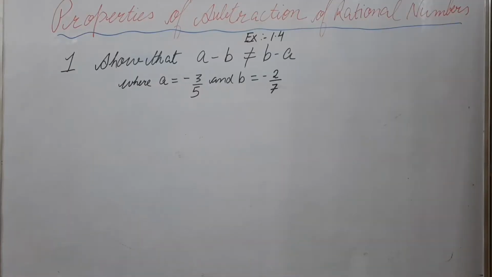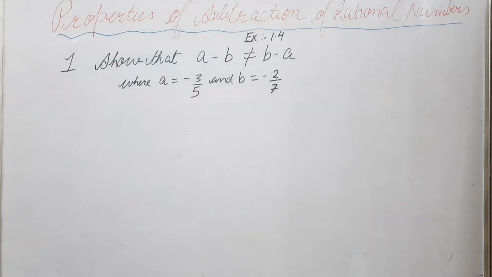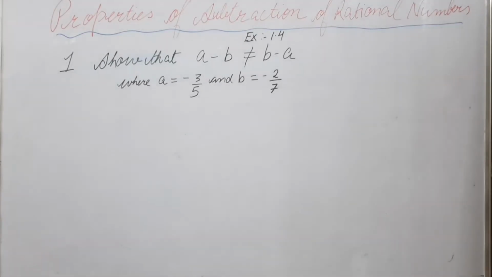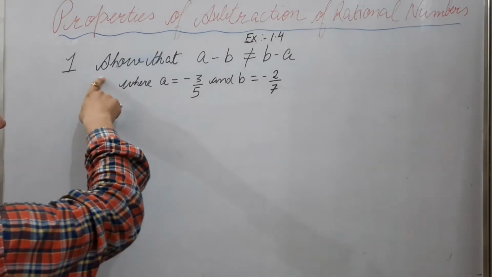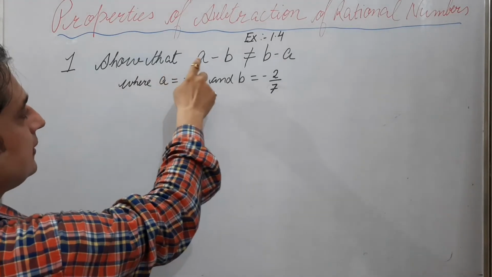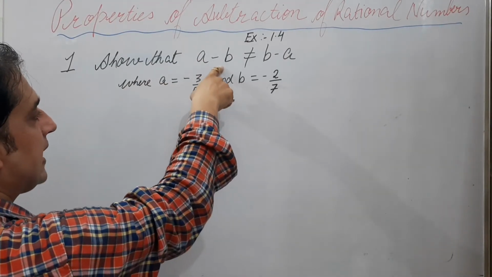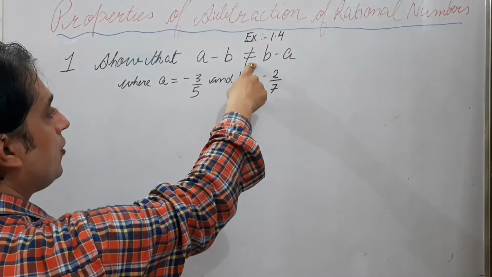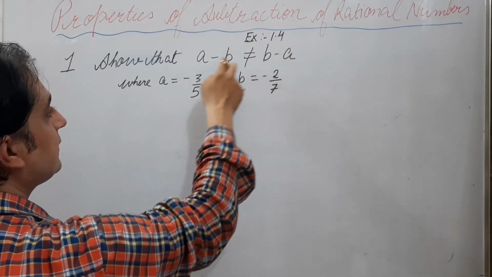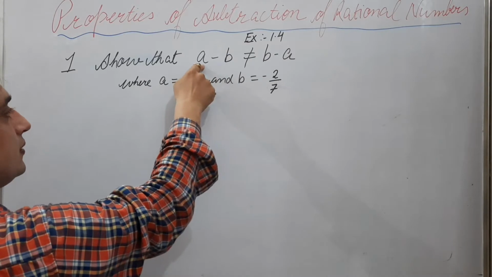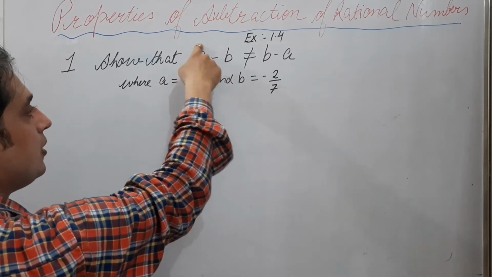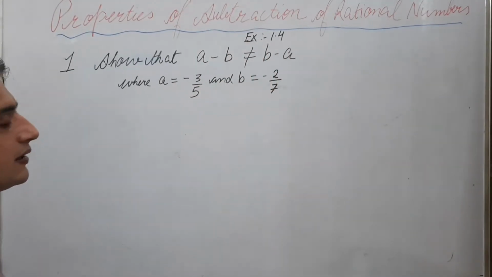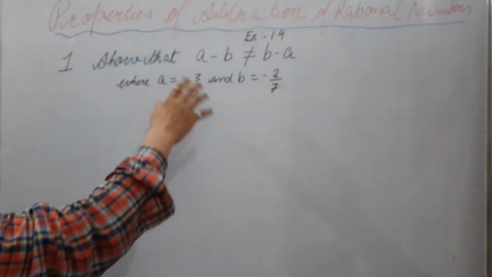Let's take the first question of exercise 1.4. In the first question, we have to show that a minus b, the subtraction of two rational numbers, is not equal to b minus a. In this order, b is subtracted from a or a is subtracted from b. We have to show that.